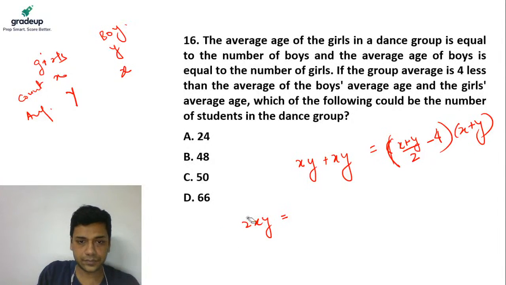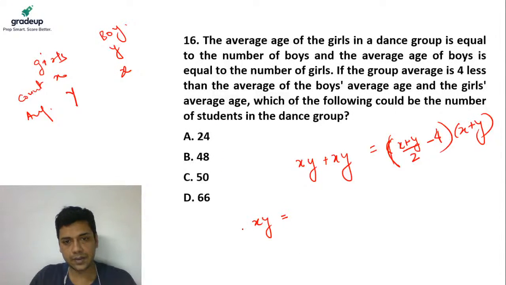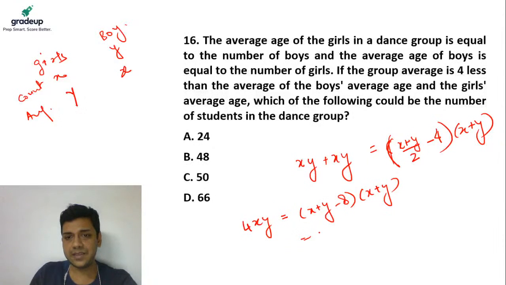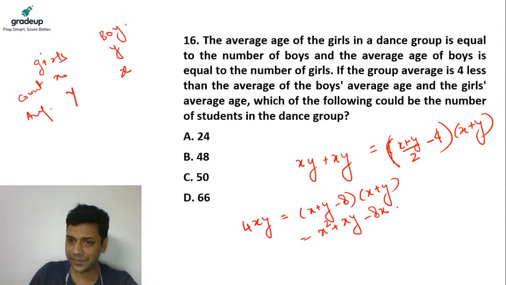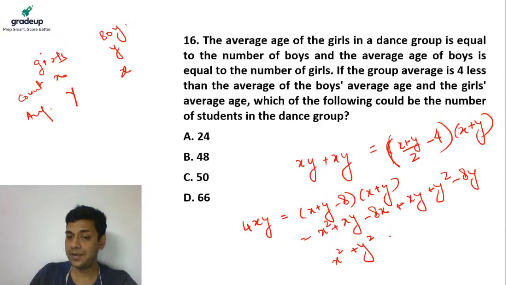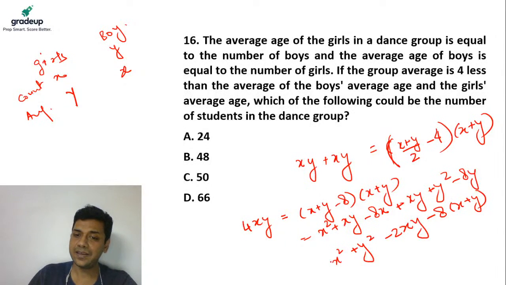So I will get 4xy equal to (x plus y minus 8) into (x plus y), which means x square plus xy minus 8x plus xy plus y square minus 8y equal to 4xy, which gives me x square plus y square minus 2xy minus 8 times (x plus y) equal to 0.